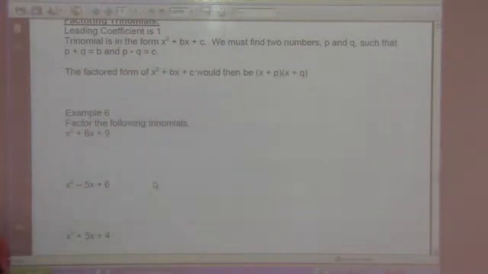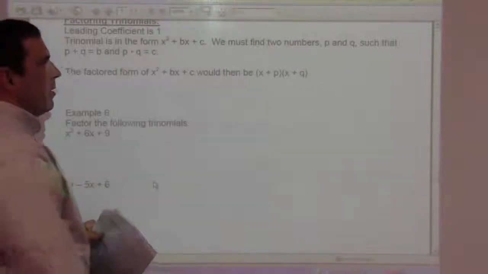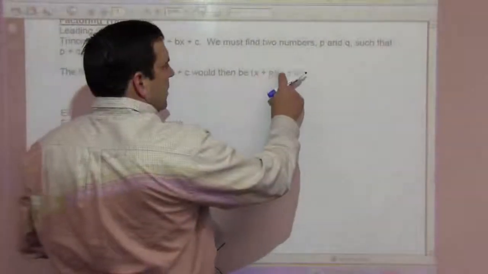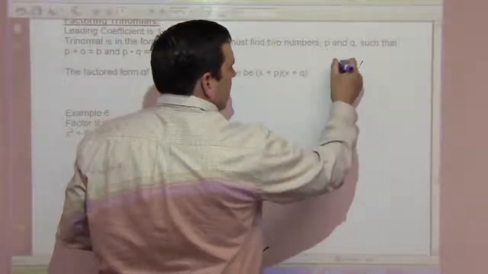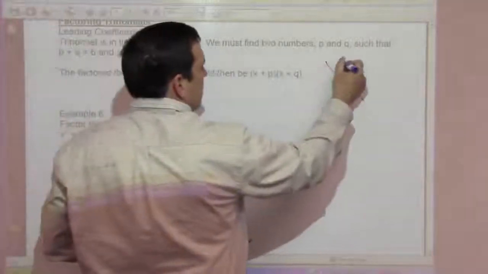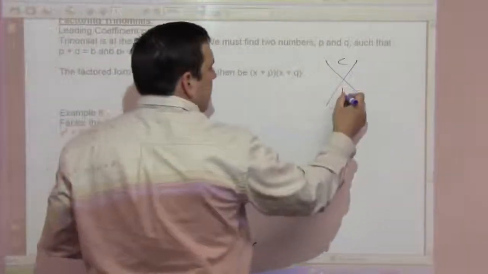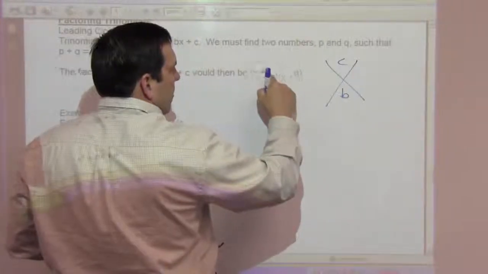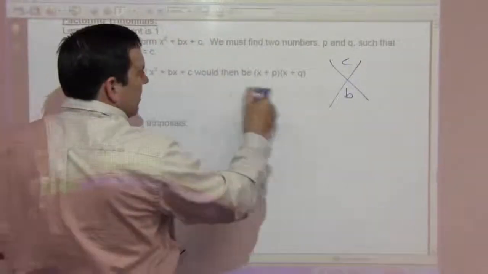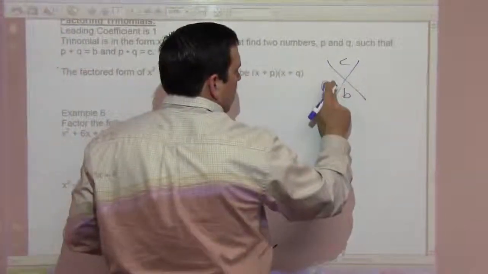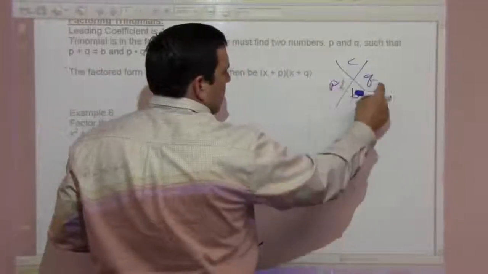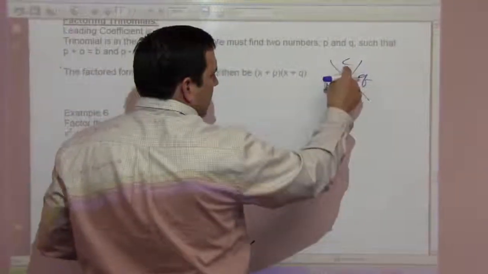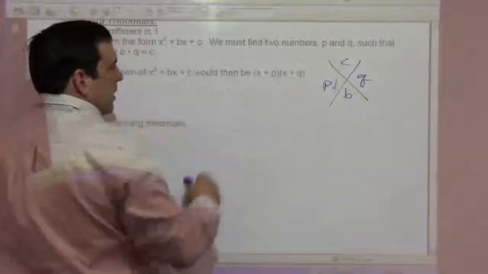The factored form of x squared plus bx plus c would then be x plus p times x plus q. So essentially, if you take your c, you put it on top, your b, you put it down below in this little x pattern, p plus q must be b, p times q is c, so it's x plus p times x plus q.